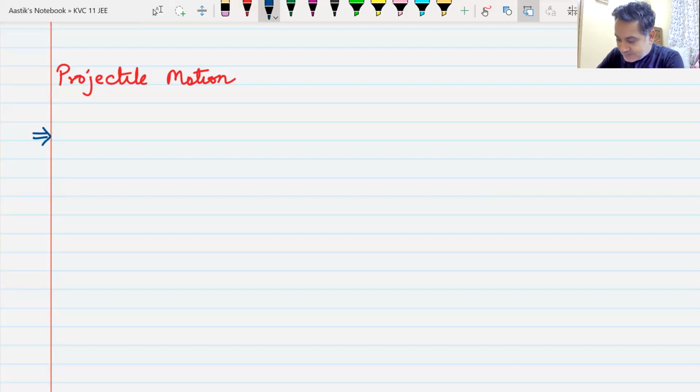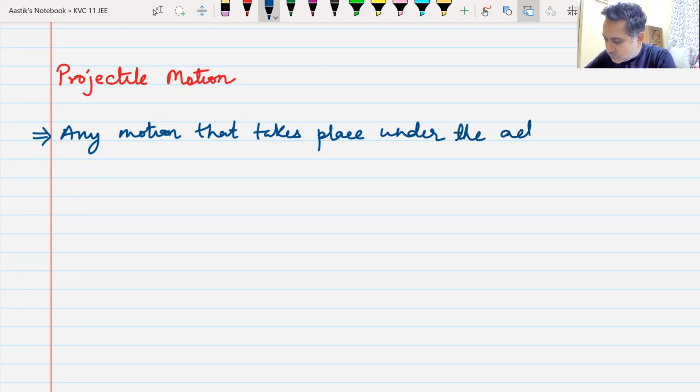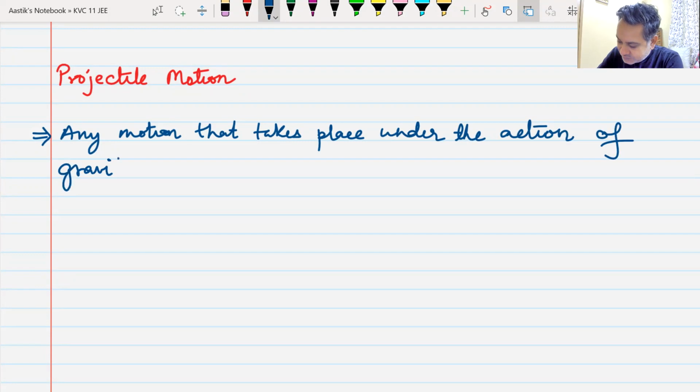Very good. That means any motion that takes place under the action of gravity only. When I say gravity, gravity is the gravitational force of Earth.